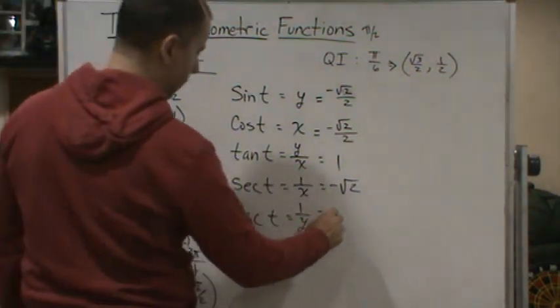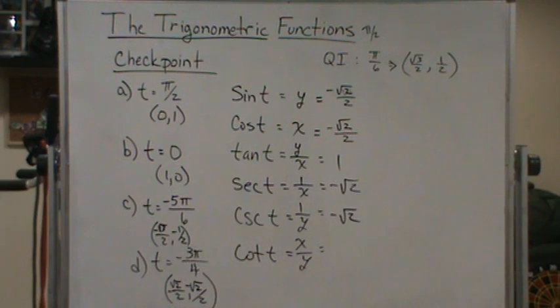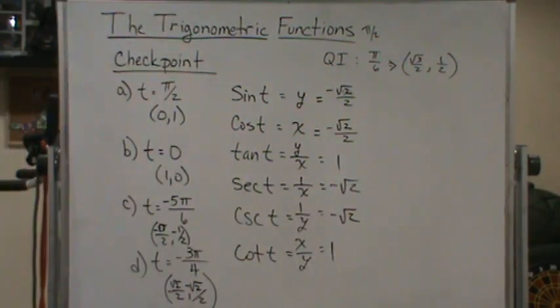And the same thing for this one, negative root 2. And then x over y is still 1. And that's it.